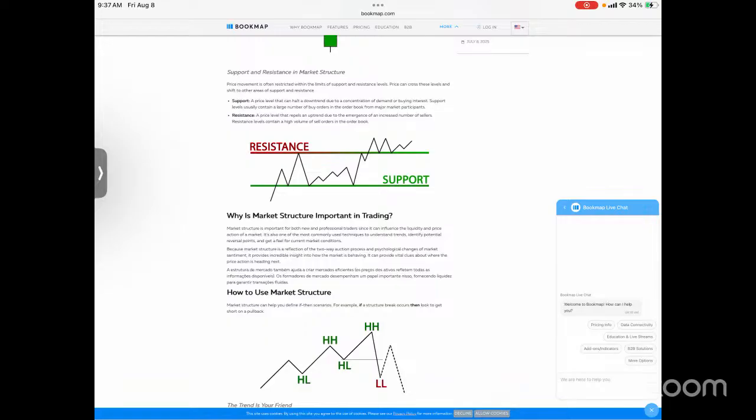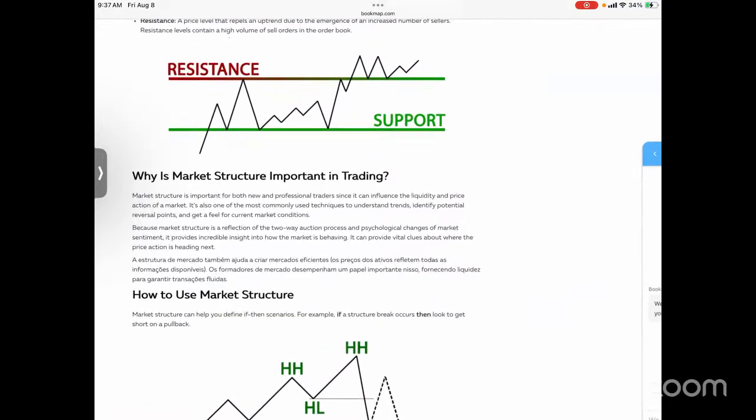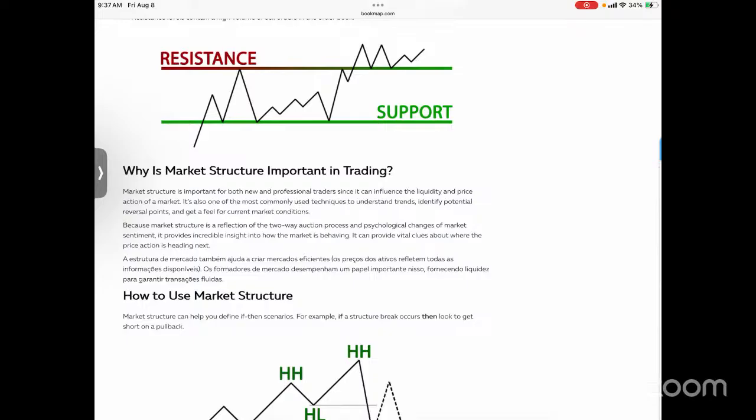All right, so yep, that rule is what's going to really help. So you see where it says why is market structure important in trading? It says market structure is important for both new and professional traders since it can influence the liquidity and price action of a market.